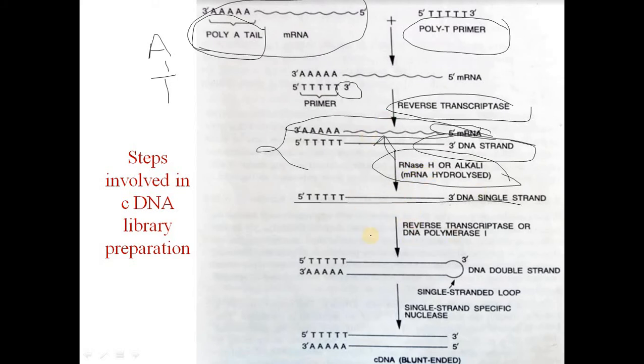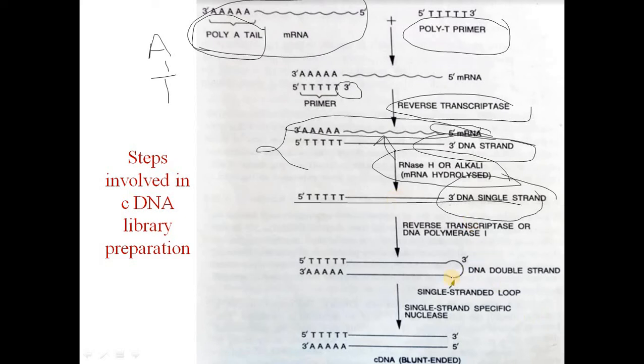Why is this so? Because the 3' end of this single stranded DNA serves as its own primer and provides the free 3'-OH required for synthesis of its complementary strand.